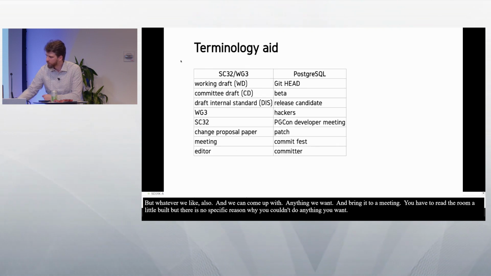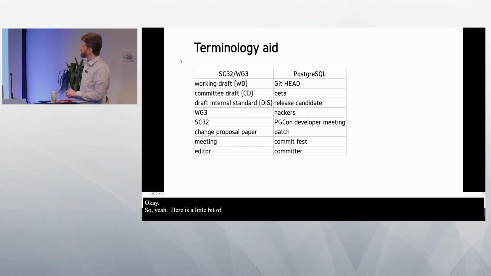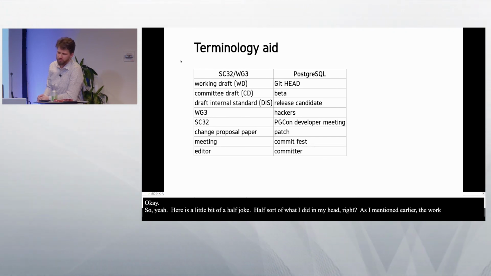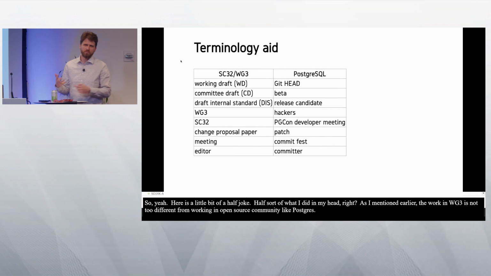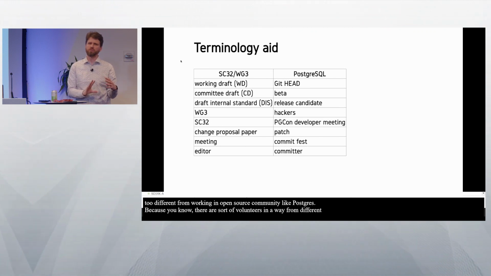Okay, so here's a little bit of a half joke, but half what I did in my head, right? As I mentioned earlier, the work in WG3 is not too different from working in an open source community like Postgres, because there are volunteers from different companies with their own agendas, but also a common agenda.